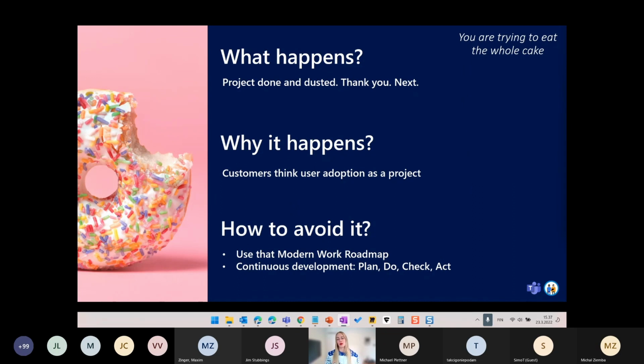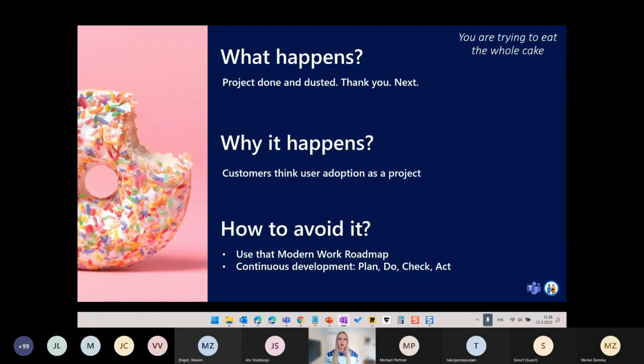Basically, we want to do things in an agile way. We want to have that continuous development plan. We follow those things we have planned in our roadmap. We follow the M365 roadmap. We follow the data we gather from our M365 environment, and we check our plan and we act accordingly.